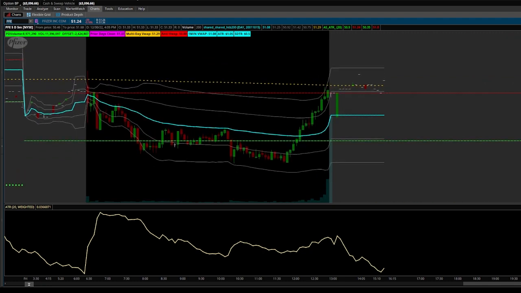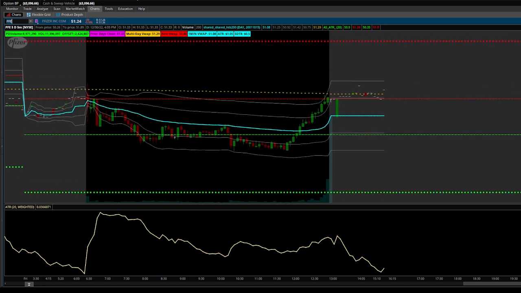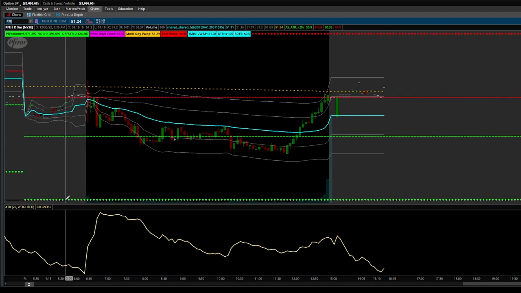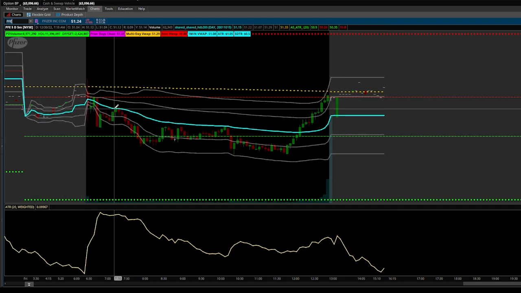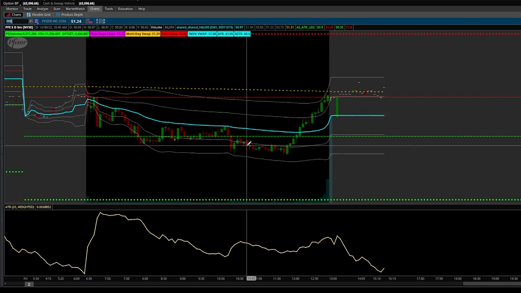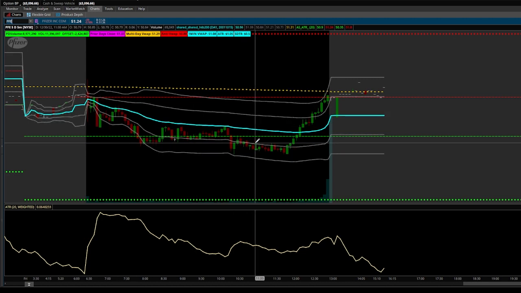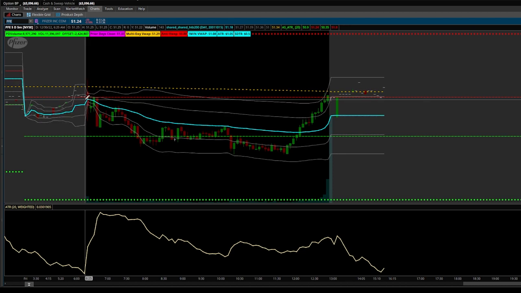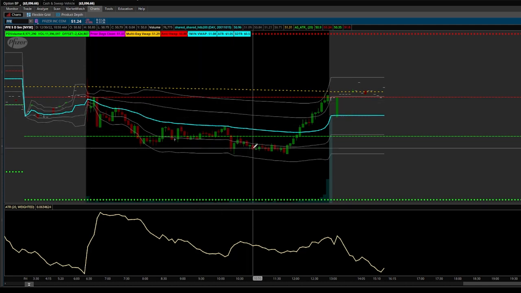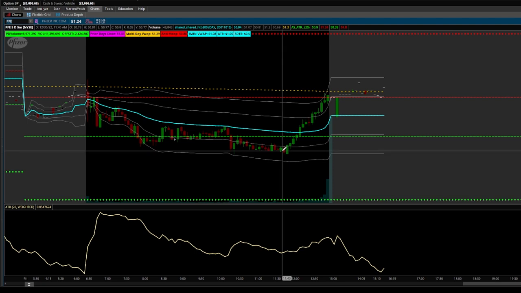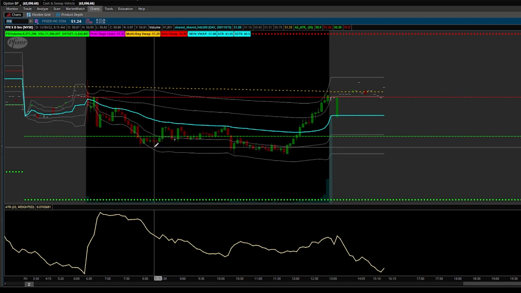I usually like to play the bounces. So if the low of the day is in, how high, based on ATR, can the stock get? When I called out PFE, I saw the setup where the low of the day is in and it's moving sideways here, it kind of bottomed out.